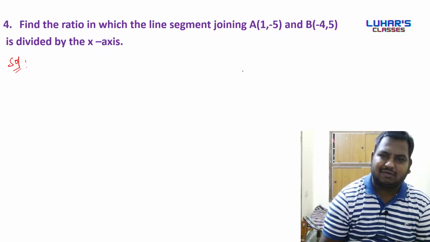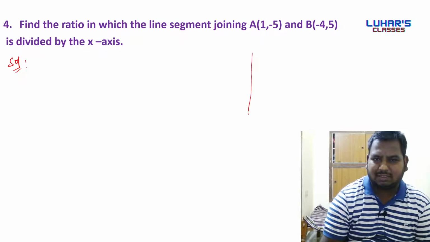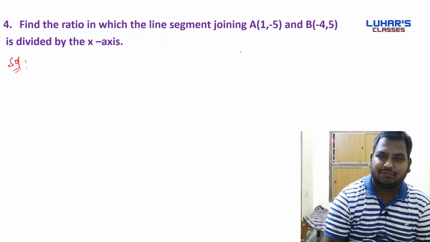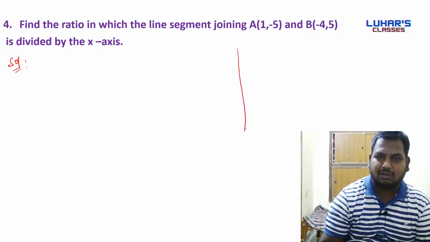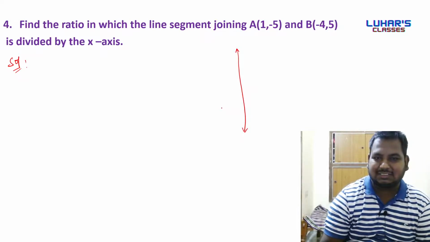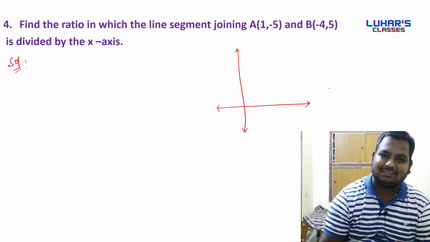I am just drawing a rough figure. Please don't take it seriously. Mahendra sir needs to search for a software which can draw straight lines. There is one option, but okay, I'll look into that. So this is the x-axis, this is the y-axis.